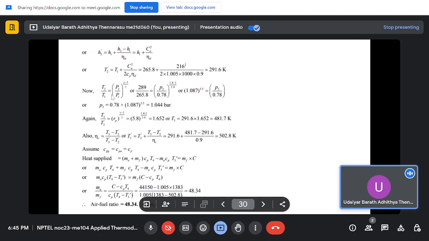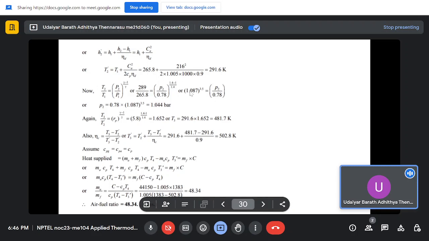So now we know the temperature, so we can find out the pressure. We are assuming this as an isentropic process, or adiabatic process, reversible adiabatic. So we know T2, we know T1, so T2 by T1 equals P2 by P1 raised to power gamma minus 1 by gamma. We know P1, the pressure at inlet, and gamma is 1.4 for air.